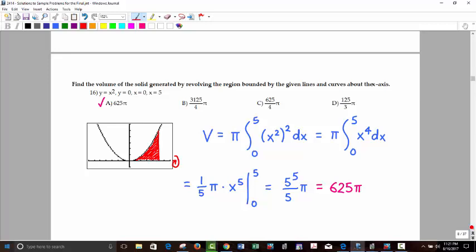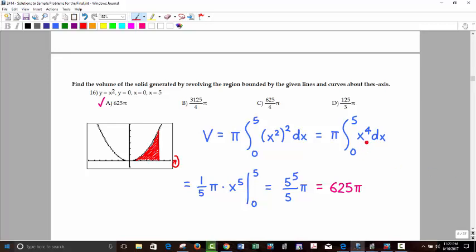Not so much the mathematics or the integration part, which is not difficult. It's setting it up properly and determining whether it's a disk or a washer. Washer meaning, is there a gap in it when it revolves around? Usually the biggest mistake I see people make is when it is a washer, they don't treat it as a washer.